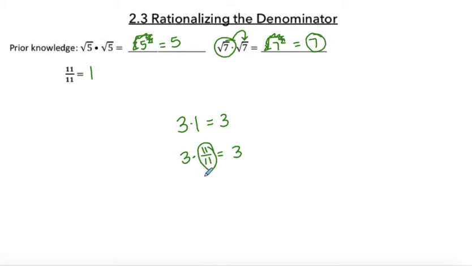But it does allow me to rewrite that as 33 over 11, which is another way of writing this 3 altogether. So we're going to be using a couple different prior knowledge pieces. Knowing that if I square something, it cancels the radical, and if I divide by the same number, it's always 1.